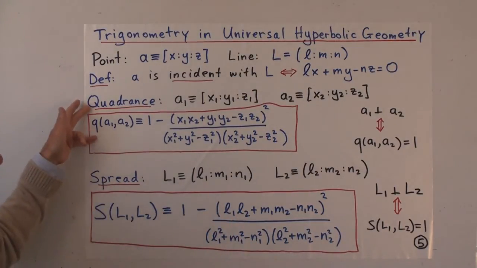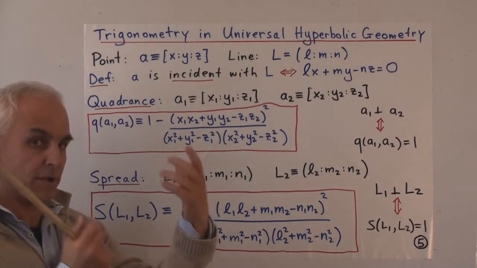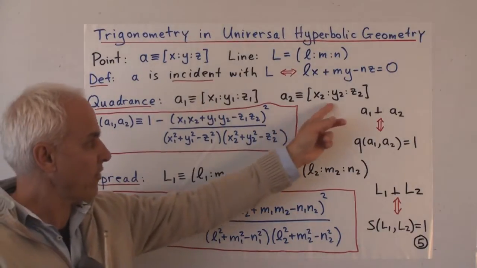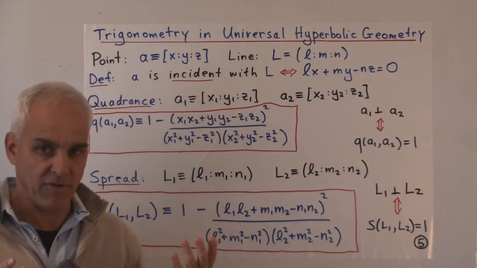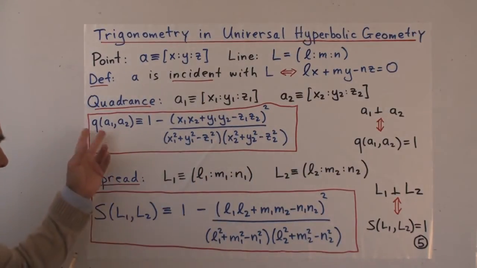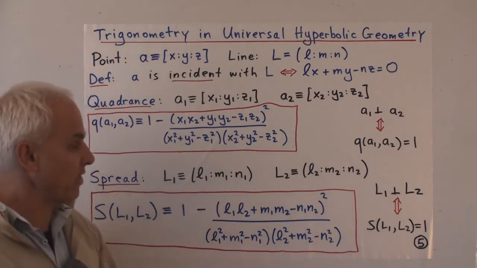Here now is the definition of the quadrance between two points. So given two points, there's A1, there's A2, we want to define how far they are apart in some sense. Here's the right way of thinking about what that quantity is. It's the quadrance between two points. It's Q of A1, A2. It's given by this definition.